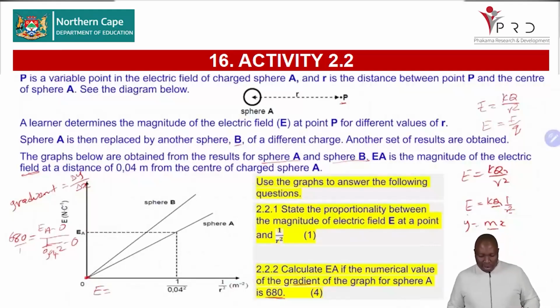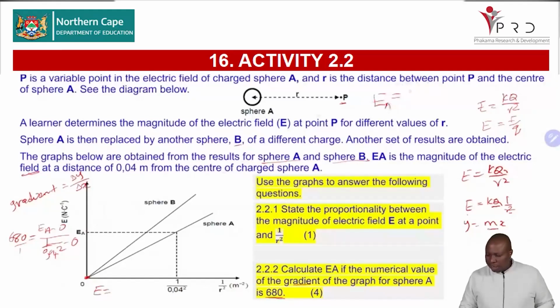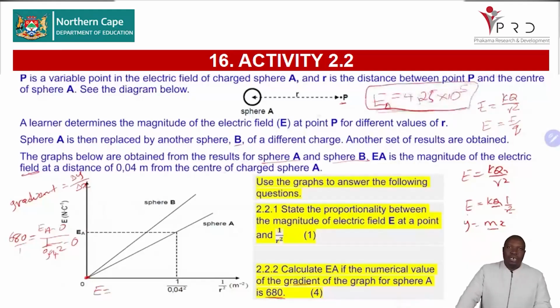Your final answer, if I can write it here, is EA, which is the electric field at point A, which is 4,25 times 10 to the power of 5. Then you're able to get your value there, and you were able to get 4 marks there.